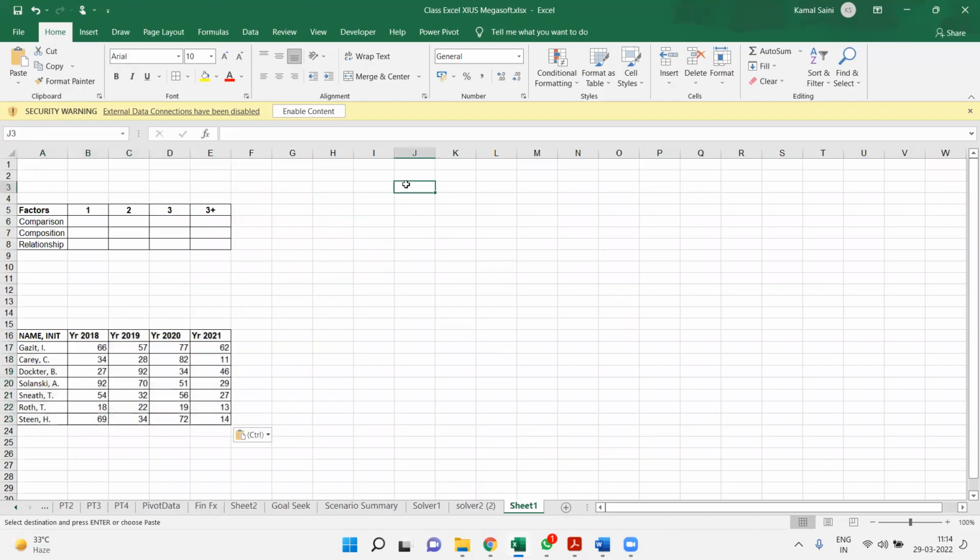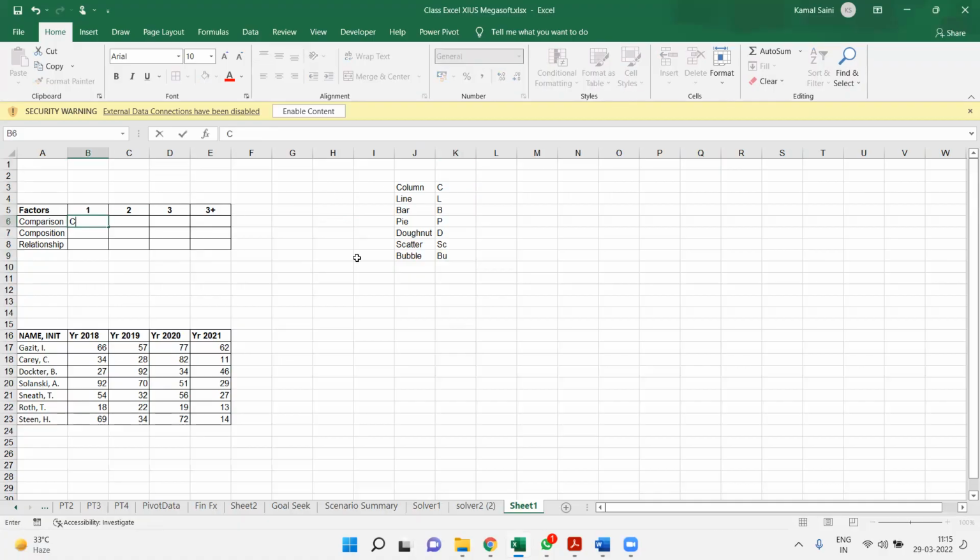So we have various types of charts like column, line, bar, pie, donut, scatter chart, bubble chart. Just abbreviations basically.